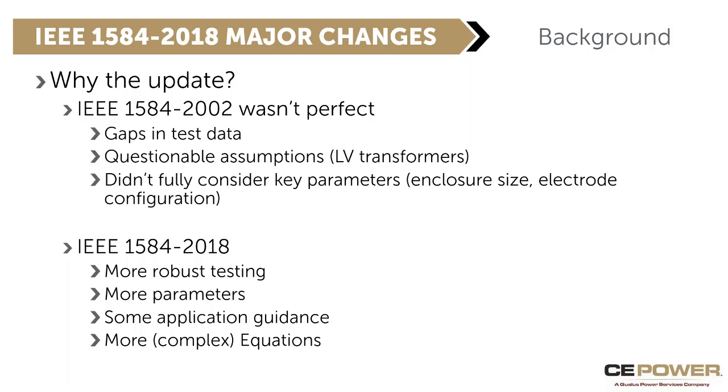They also have some application guidance because some of those new parameters can be a little bit confusing to understand, or to understand how they apply to the way you need to do your calculations. So they've got some stuff in the annexes that offers some guidance on what you should look at. And they also have completely new equations that they used to do their calculations.